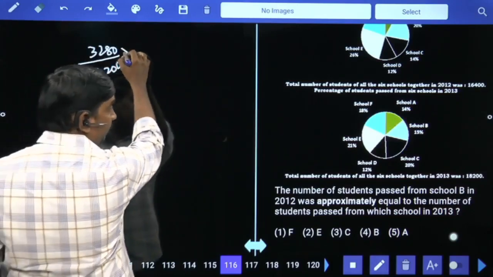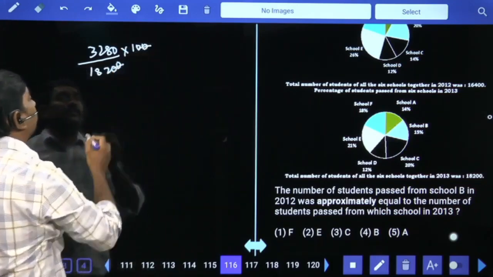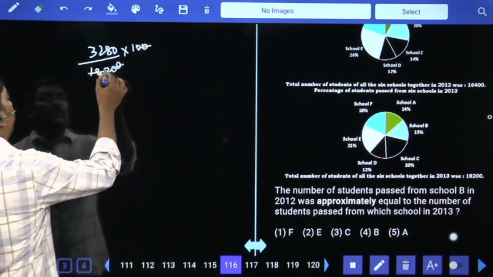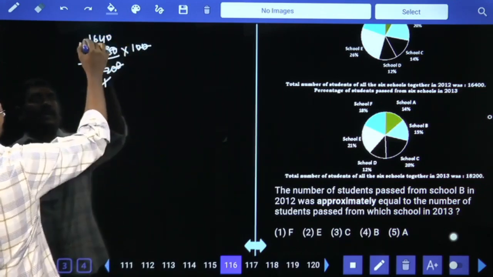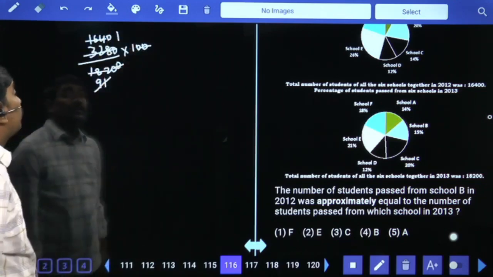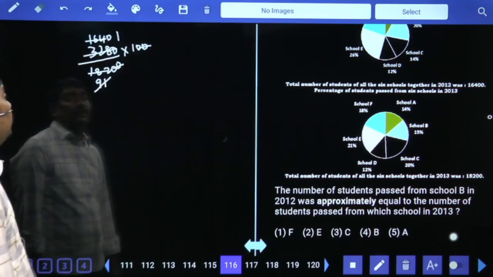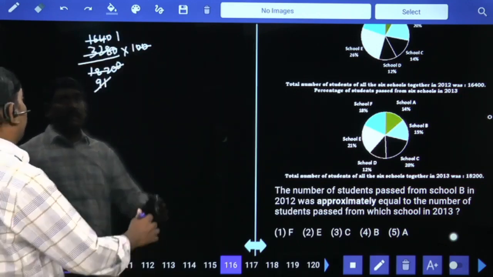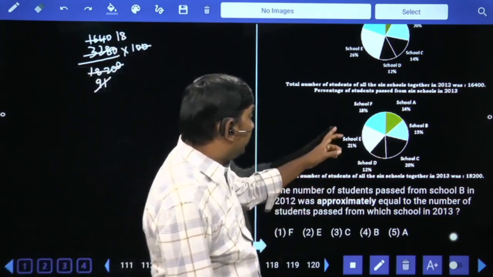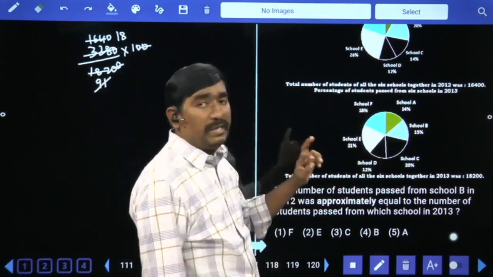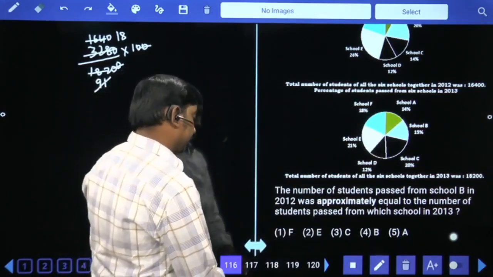Let's calculate. 91 times 8 gives approximately 18%. In the second diagram, 18% belongs to school F. That's your answer.